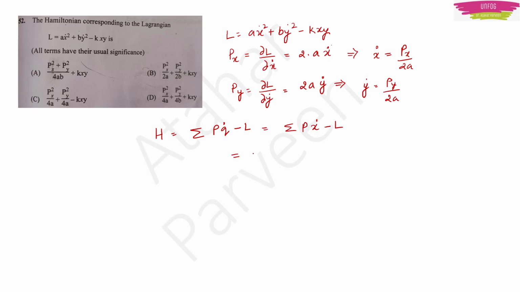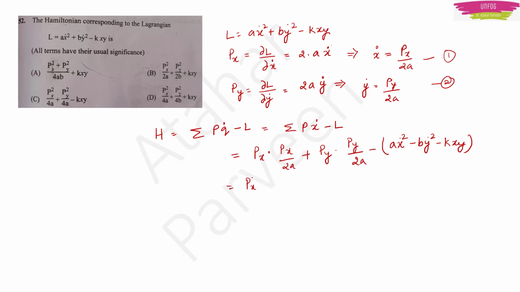This will be equal to px into x dot, in place of x dot I am going to write px by 2a. Now I will write py into y dot, which is py by 2b, minus the given Lagrangian, a x dot square plus b y dot square minus kxy.